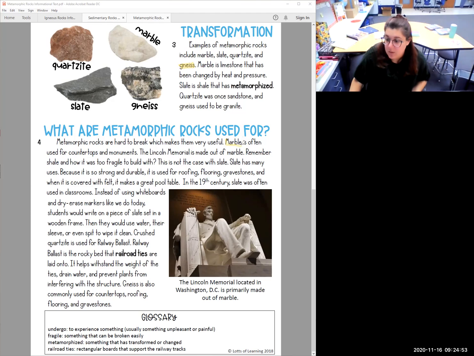So right here, it told us what marble is used for. Here, it told us what slate is used for. Here, it tells us what quartzite is used for. And here, it tells us what gneiss is used for.